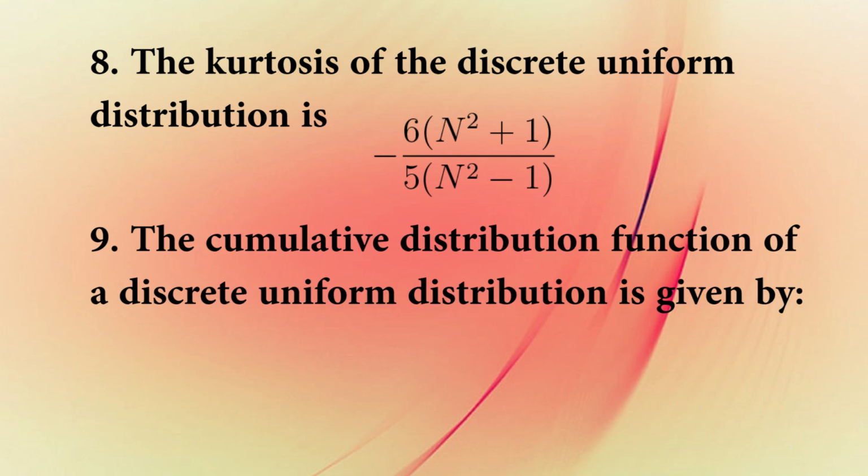The cumulative distribution function of a discrete uniform distribution is given by F of x is equal to 0 if x is less than 1, x by n if x is equal to 1, 2, 3, etc. up to n, and 1 if x is equal to n.